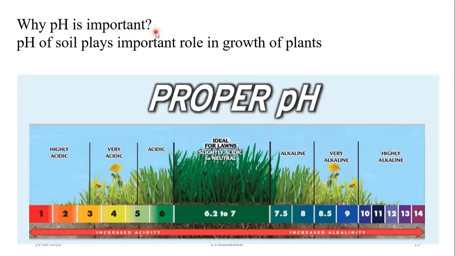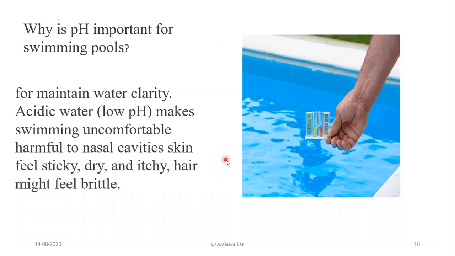Also, pH plays an important role in agriculture because the pH of the soil plays an important role in the growth of the plant. If you change the pH, then the growth of the plant is affected. See here, generally a pH of 6.2 to 7 is ideal for plants. Like that, pH is important for swimming pools also, to maintain the clarity of water.